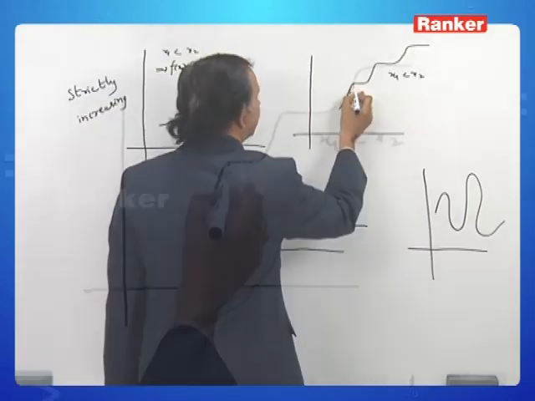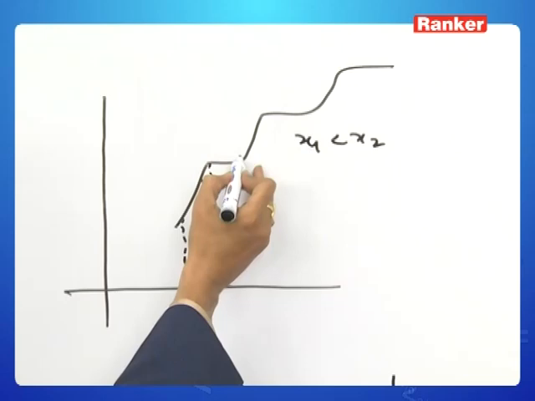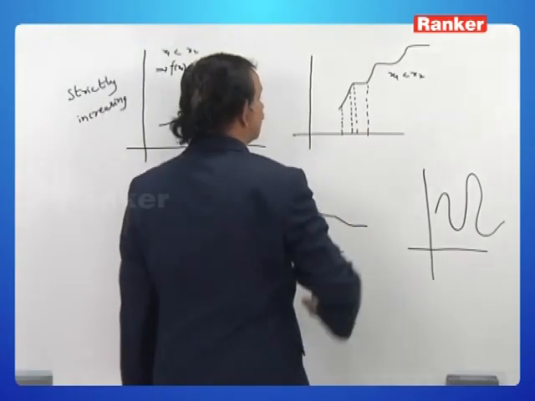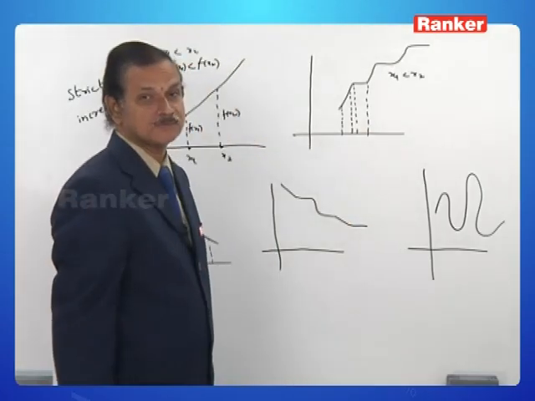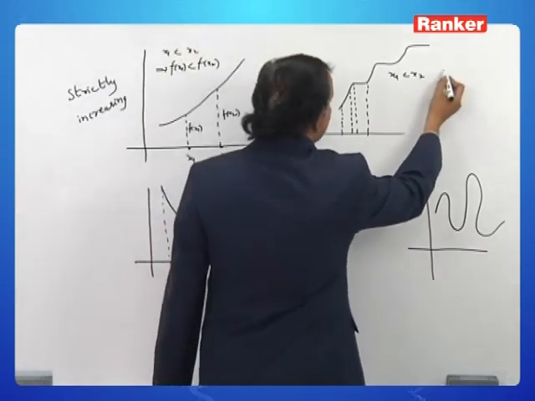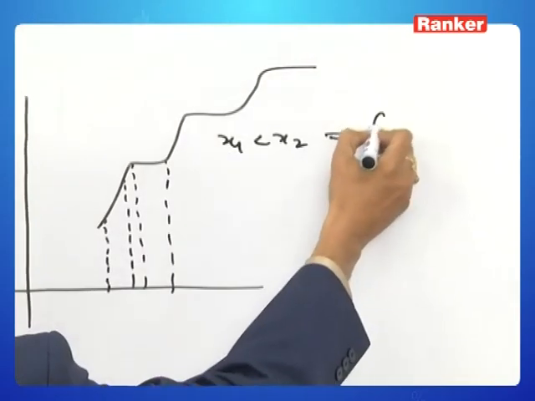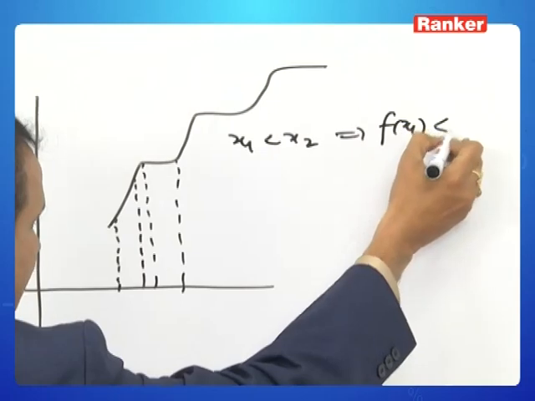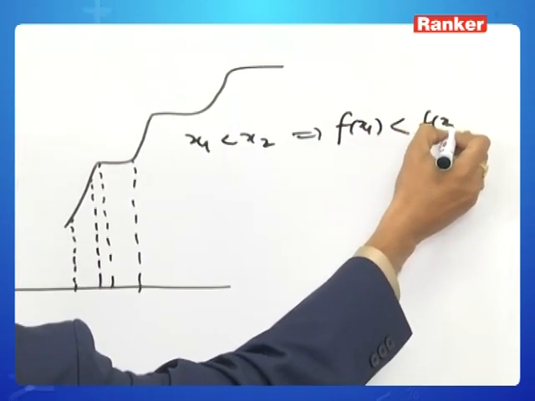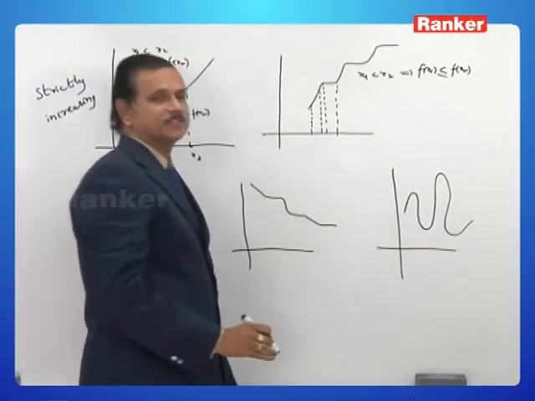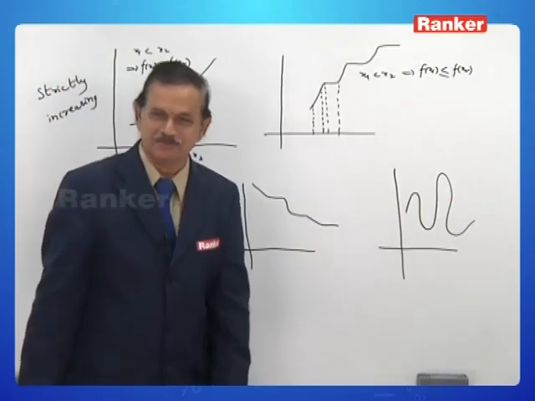Suppose I take x1 here, x2 here, then f of x1 is equal to f of x2. So, x1 less than x2 implies f of x1 either less than f of x2 or at most equal to f of x2, but can never be greater than f of x2.